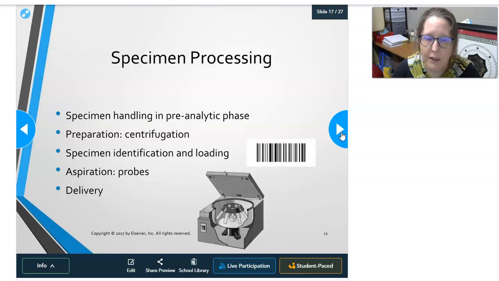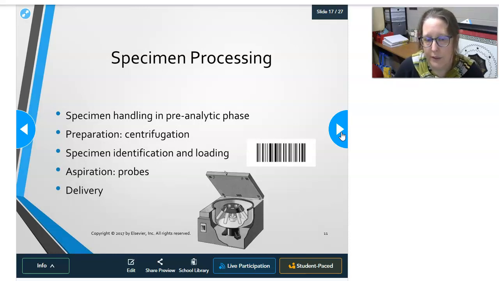There are aspiration probes within the specimen processors that can check for clots and problems that would interfere with testing. But then, of course, once it's been loaded on the analyzer, as we saw, a lot of those probes going back and forth and sampling would aspirate the sample and then deliver it to the reaction vessel and so on.